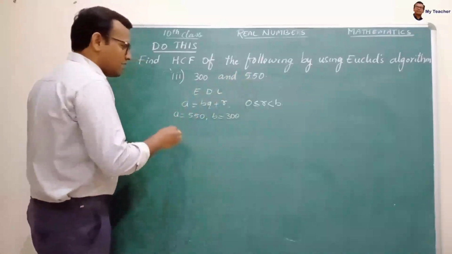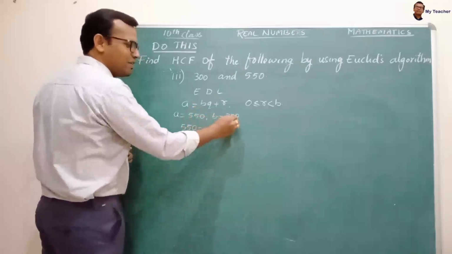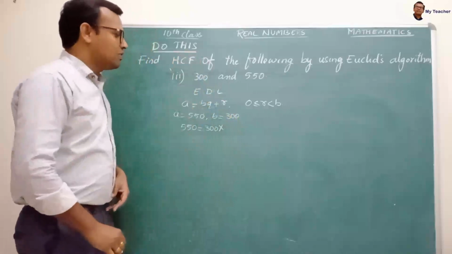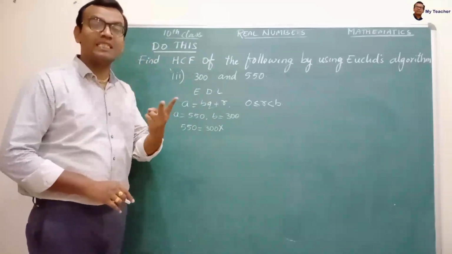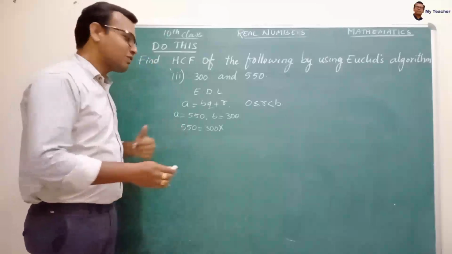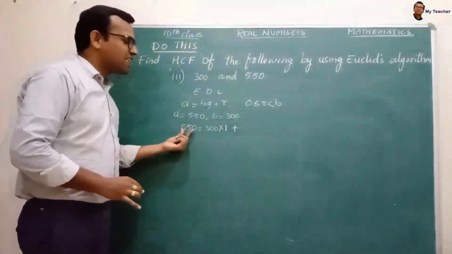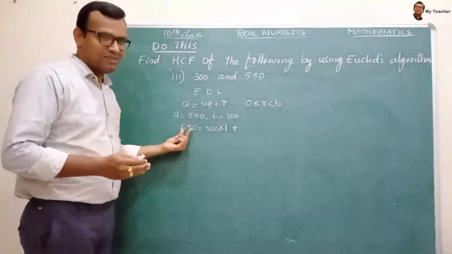Great. Now apply here. 550 is equal to, B value is how much? 300. 300 into, how many 300s are there in 550? 300 ones are 300, 300 twos are 600, which is more than this. So 300 ones are 300. Out of 550, 300 is subtracted. So what is the remainder?